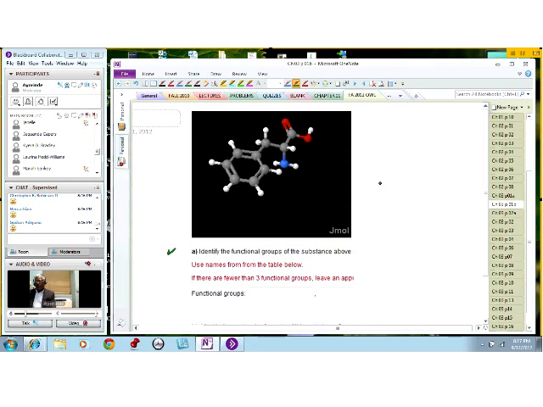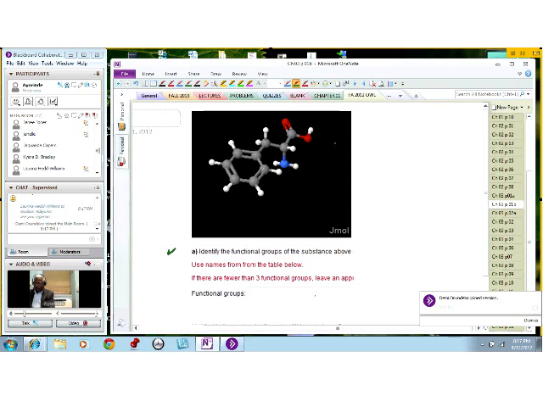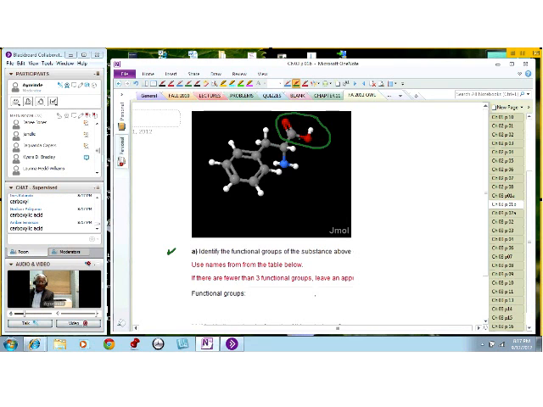Now, what they want us to do here is just identify the functional groups. Unfortunately, I do not have the table of classes of compounds that we went through earlier. But based on what we gave you earlier in terms of the different classes of compounds, can you identify the classes of compounds here? Let us start with this here. What class of compound would this be? Okay, that's the carboxyl group.